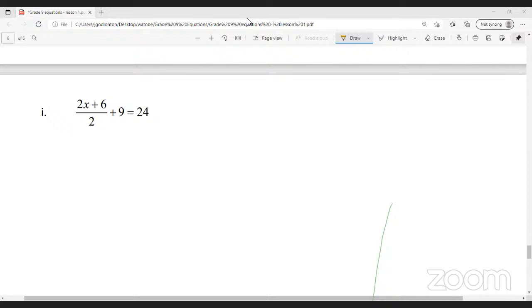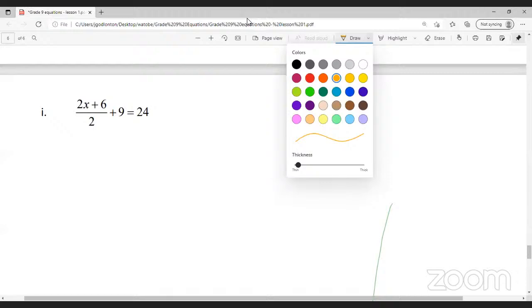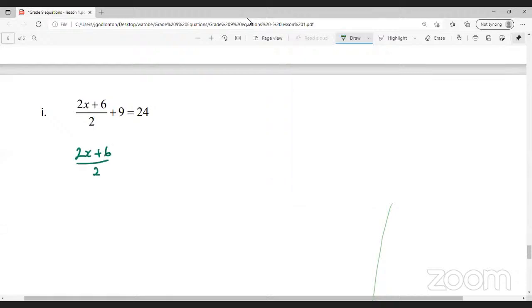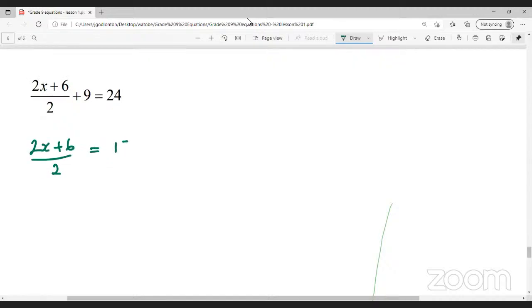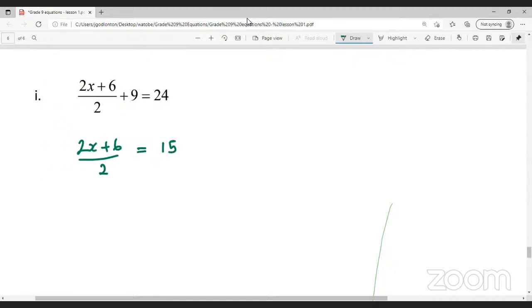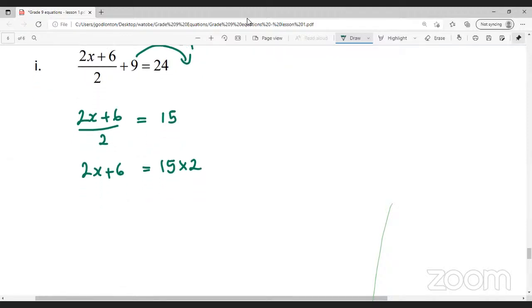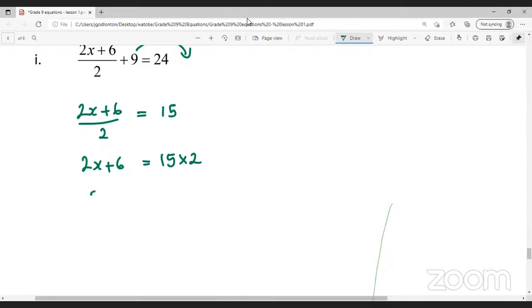So it is 2x plus 6 divided by 2 plus 9 minus 9, which equals 24 minus 9, which equals 15. Beautiful. So I'm just going to write that step up here. Excellent. Well done. It is 2x plus 6 divided by 2 times 2, which equals 15 times 2. Good. Then it's 2x plus 6 minus 6, which equals 30 minus 6.